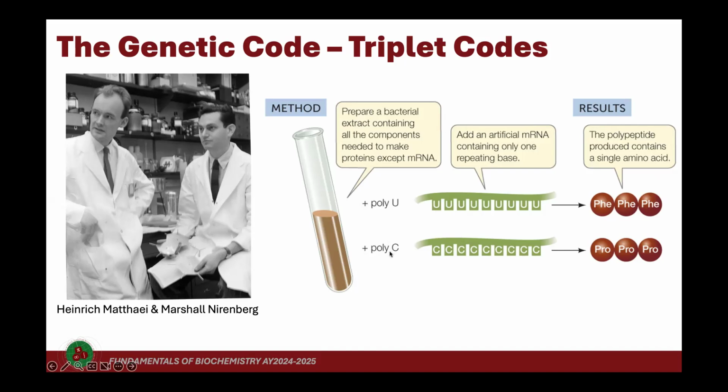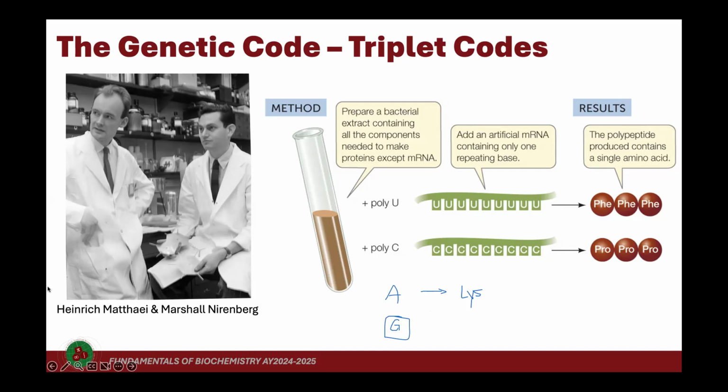So they also did the same for C. So they created an artificial mRNA, poly-C mRNA, got it translated, and they got a polypeptide composed of only proline. They also did this for poly A. So for poly A, what they obtained was a polypeptide chain containing only lysine. However, they were not successful with the poly G synthetic mRNA because poly G tends to hybridize with itself.